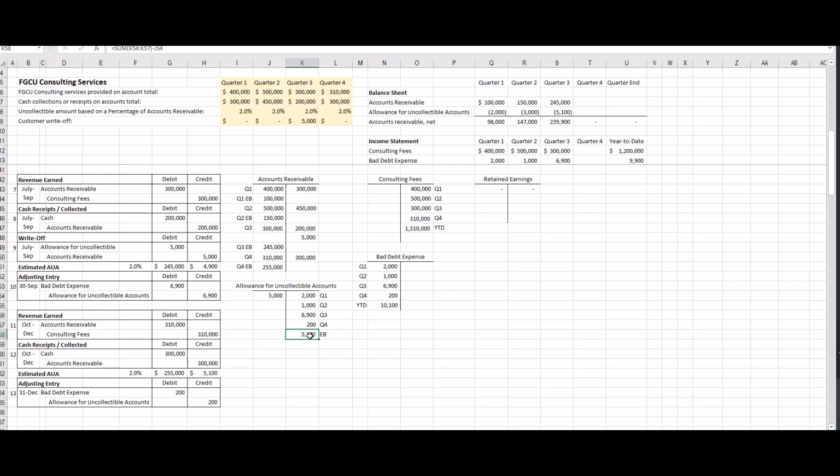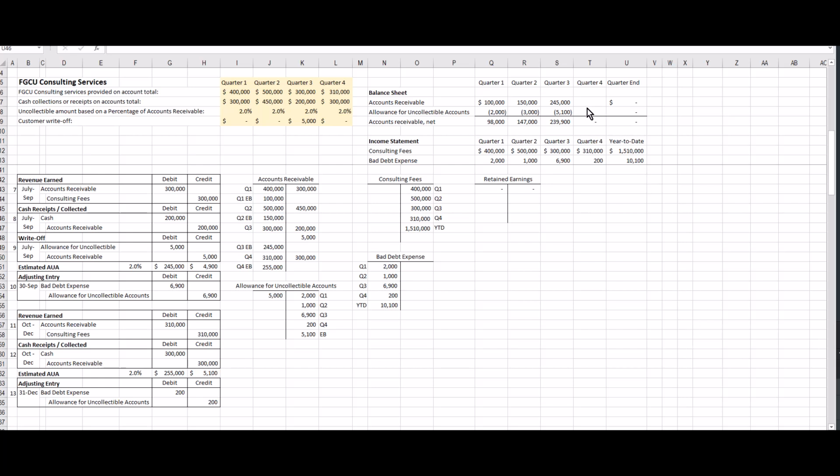The income statement now reports consulting fees for the quarter of $310,000 and $1,510,000 for the entire year. The bad debt expense for the quarter was $200 and $10,100 for the year.